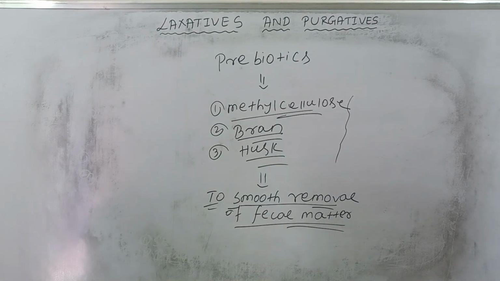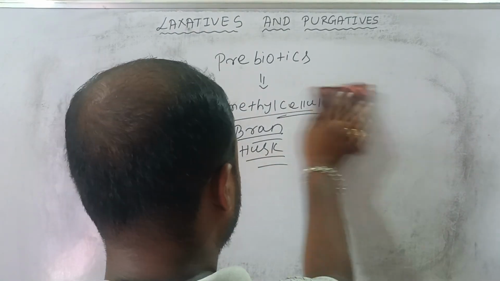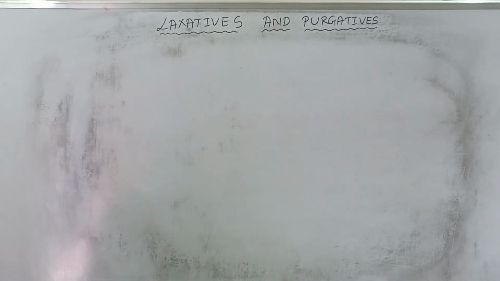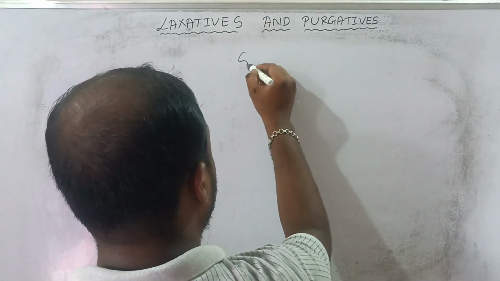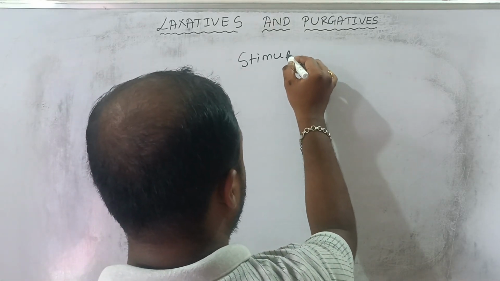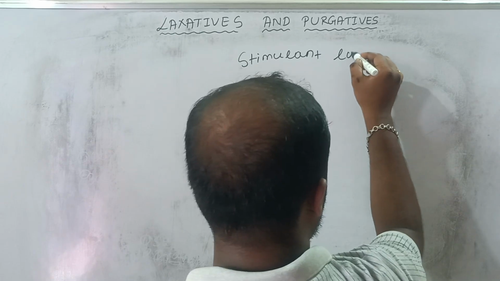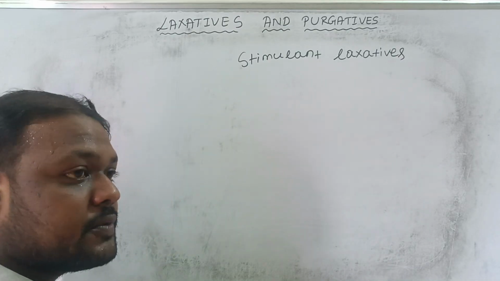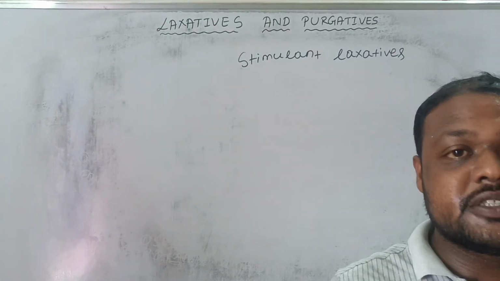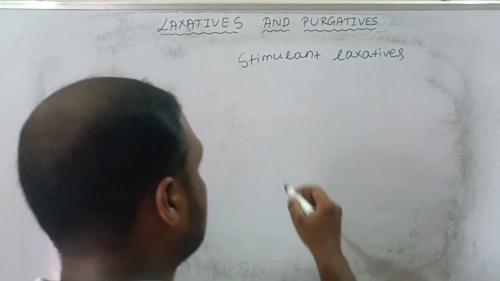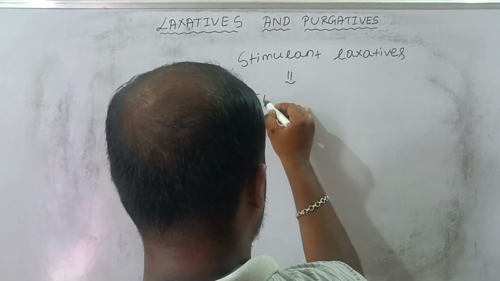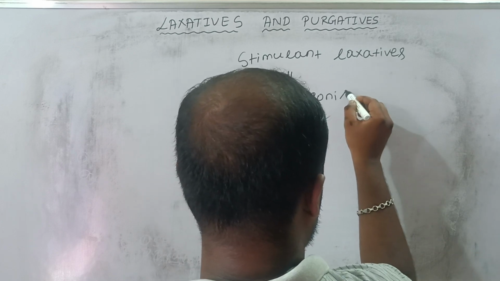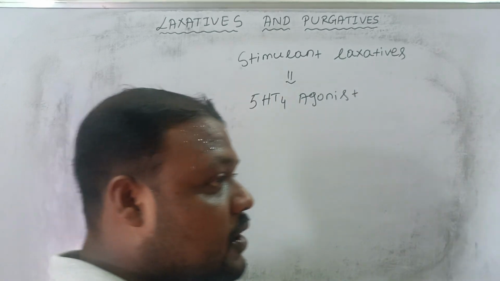Then we move to stimulant laxatives. The stimulant laxatives are 5-HT4 agonists.